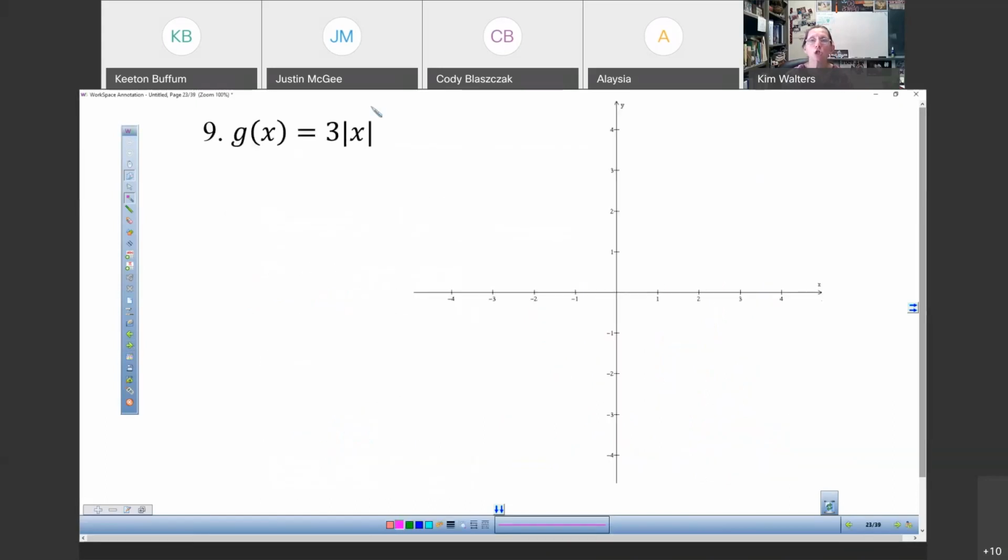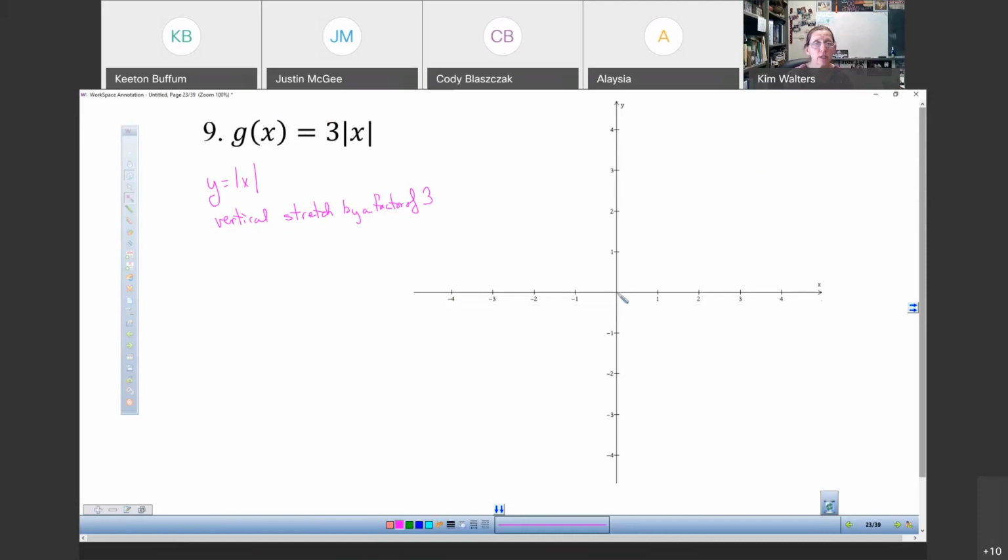Okay, so let's look at this. Y is equal to the absolute value of x is my basic toolbox function. This 3 in front of this is going to be a vertical stretch by a factor of 3. Now here's what I'm going to tell you.